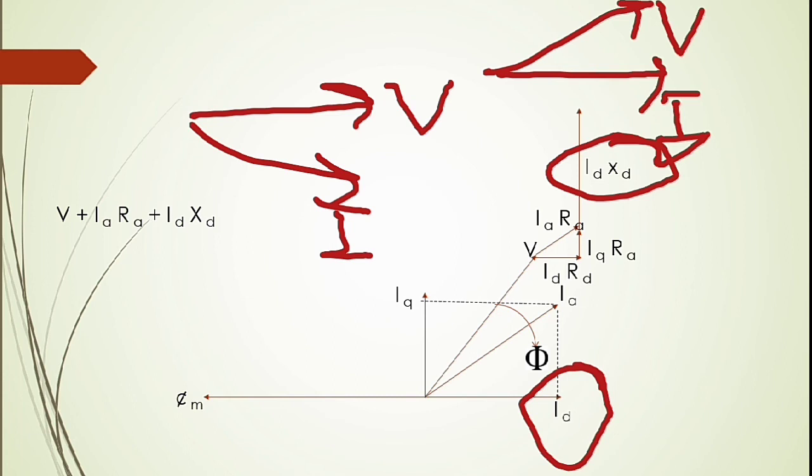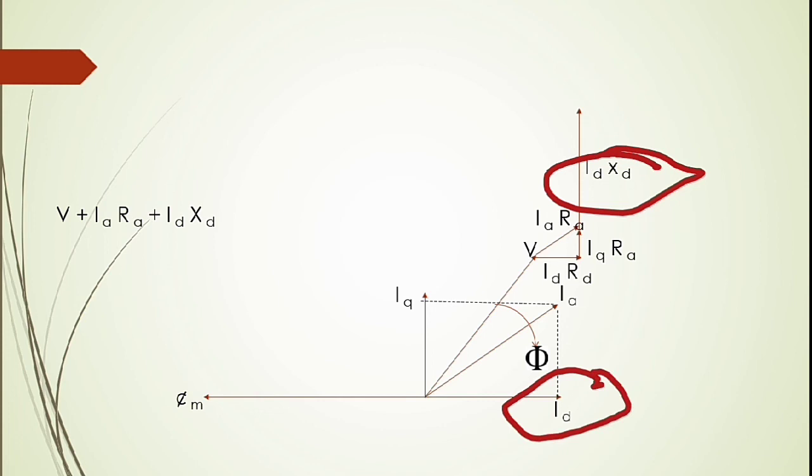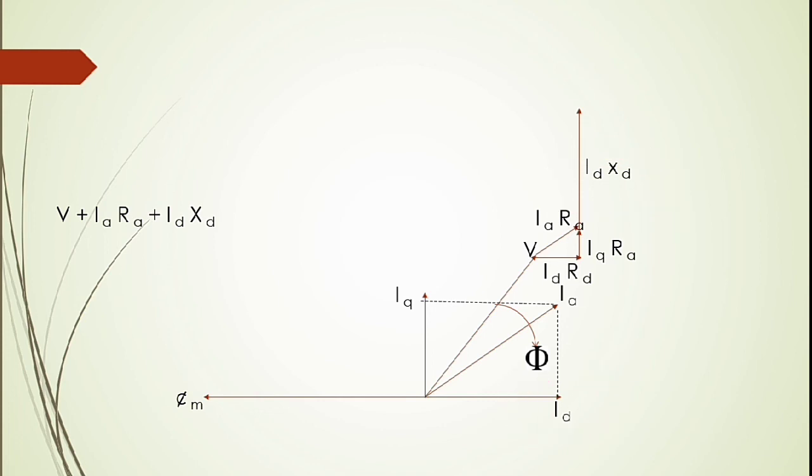So here we see IDXD is leading with ID. That's why it makes an angle of 90 degrees with IDRD, or we can say it makes a 90 degree angle with ID.